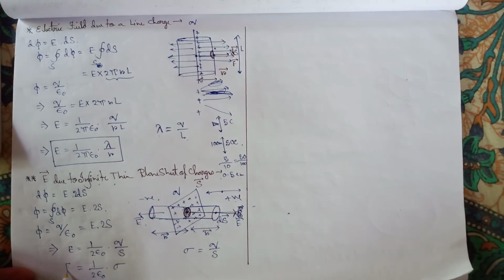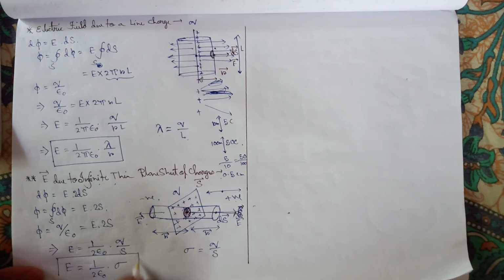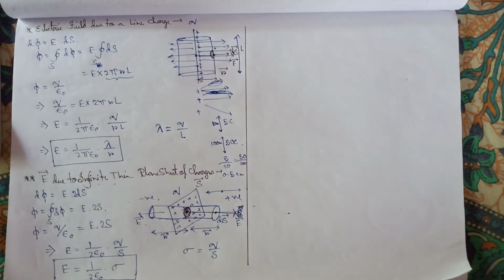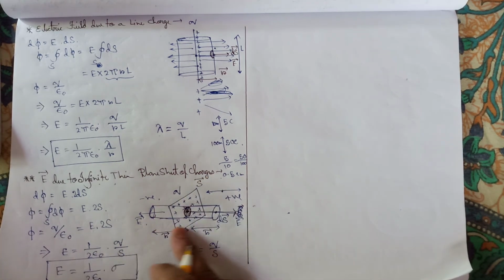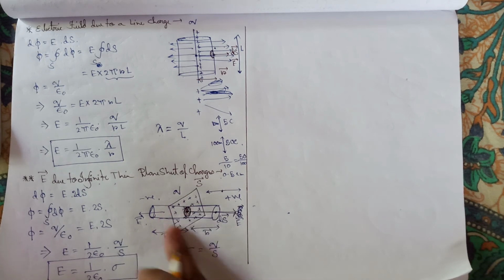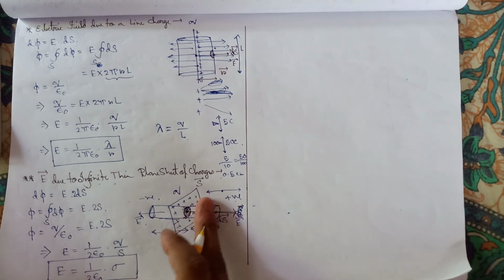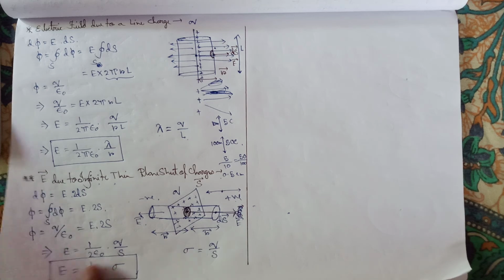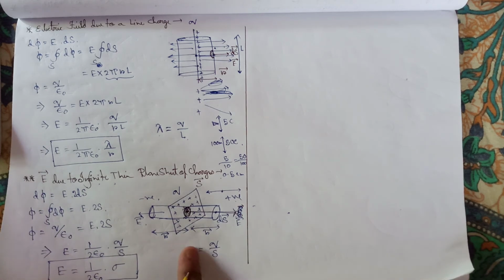So the electric field for this infinite thin plane sheet is 1 by 2 epsilon naught times sigma, where sigma is the surface charge density.